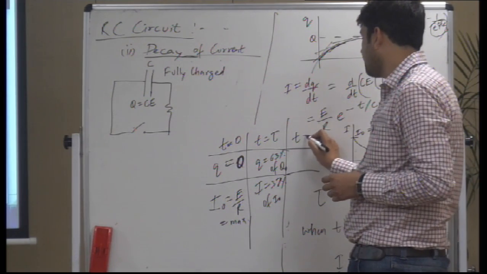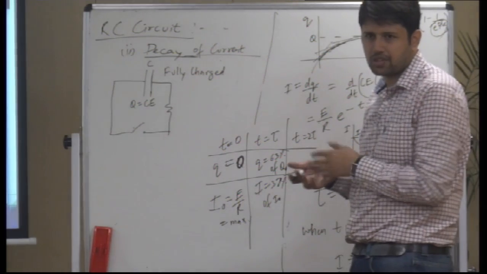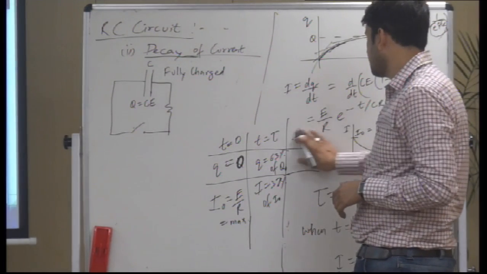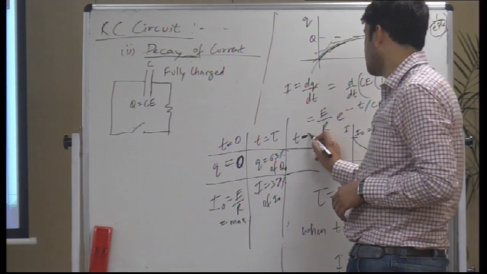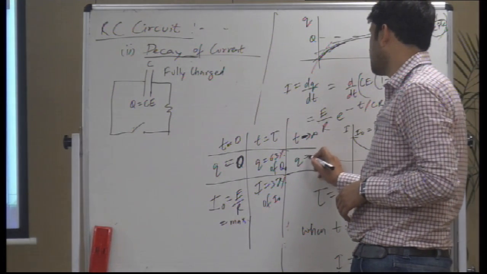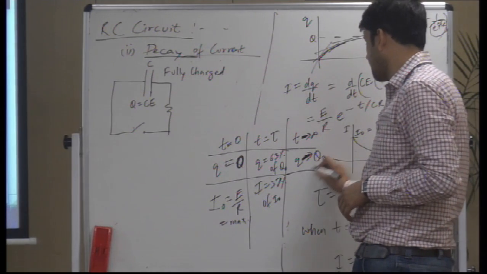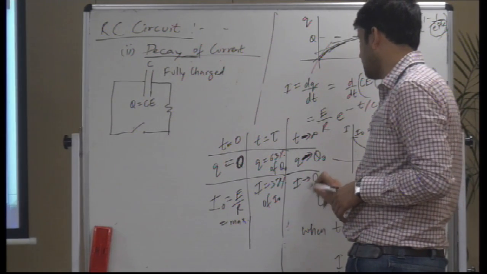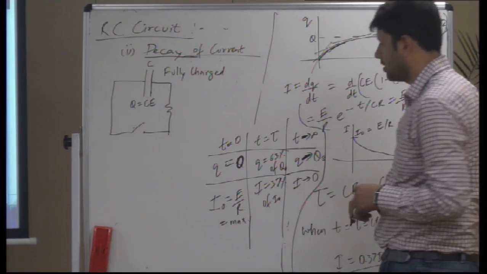When 2 tau passes, you can calculate e raised to power something square would be there. So when time becomes infinite, charge becomes maximum, but current drops to 0. So everything in a single table.